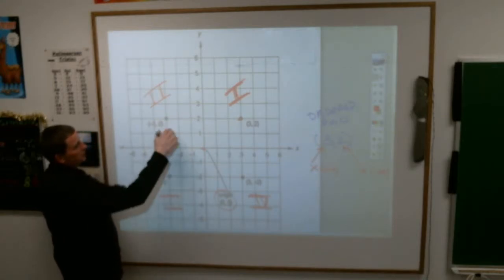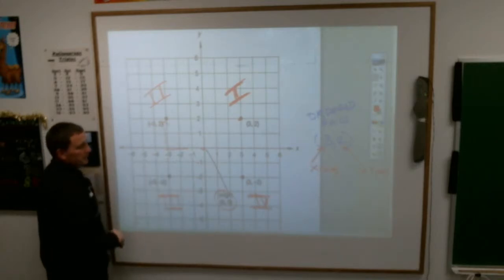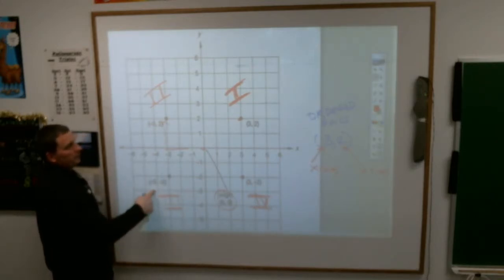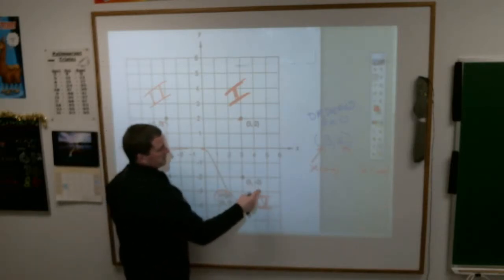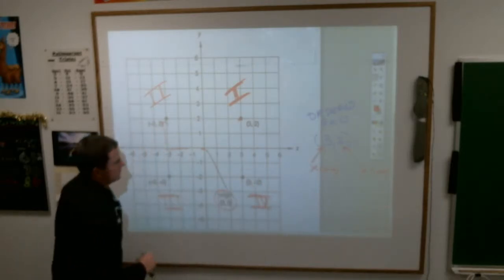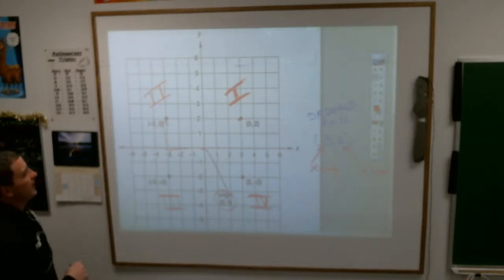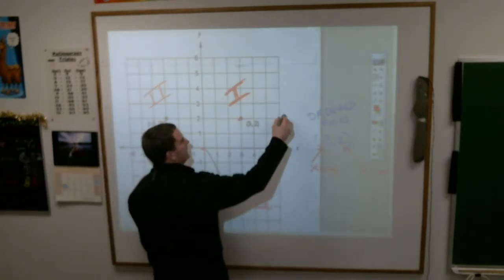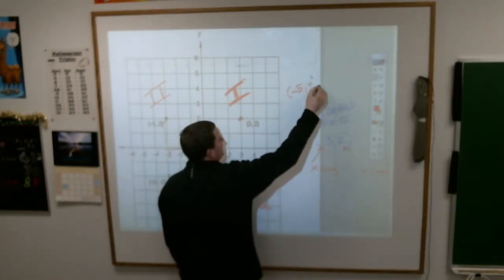Again, you could go over -3 and up 2. That's going to be that point right there. Quadrant 3 has both negative, -3, -2, and quadrant 4 has just the y negative and the x always being positive.